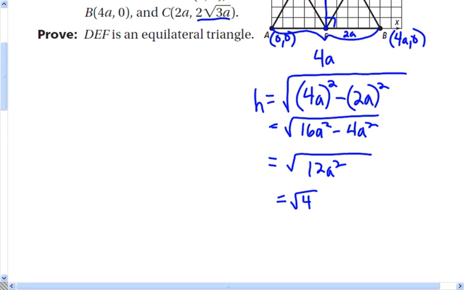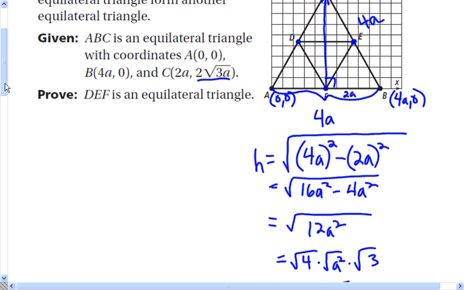That's the same as the square root of 4 times the square root of a squared times the square root of 3. The square root of 4 is 2, the square root of a squared is a, and the square root of 3 is the only thing I'm left with. So the thing they have wrong in here is that this coordinate C, this a should not be under the square root right there. It should be out here with the a, like that.